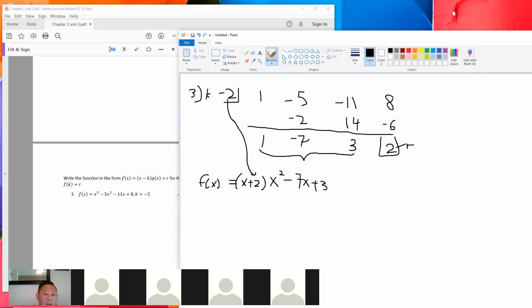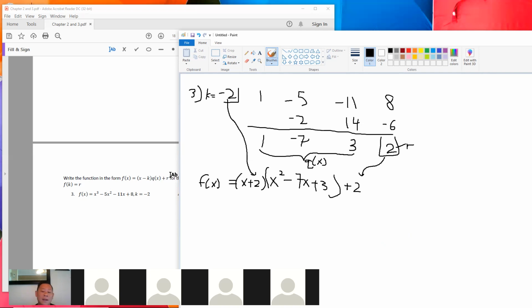So don't forget, x minus k means the negative becomes positive. Then the one that you got over here is your Q of x. That is the reason we call it Q of x, because it's the quotient. And then you just need to add your remainder 2 back there.